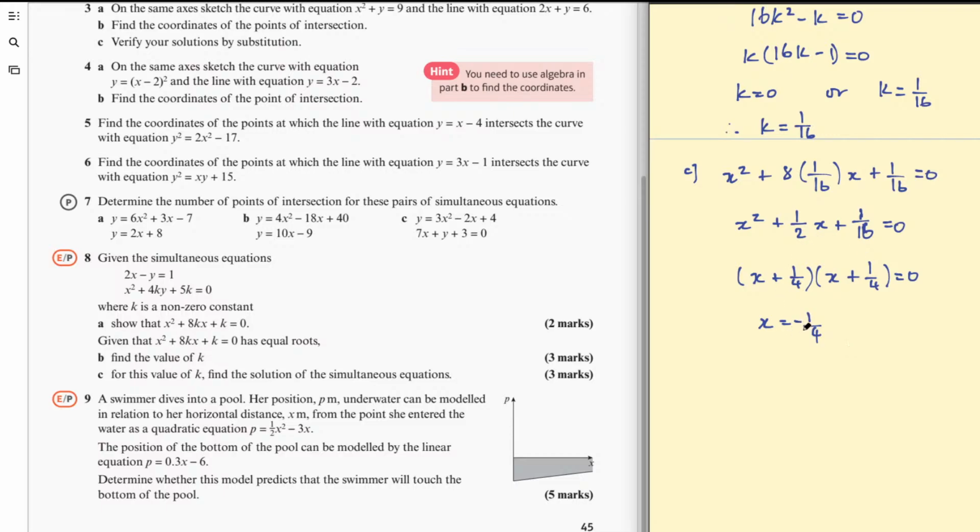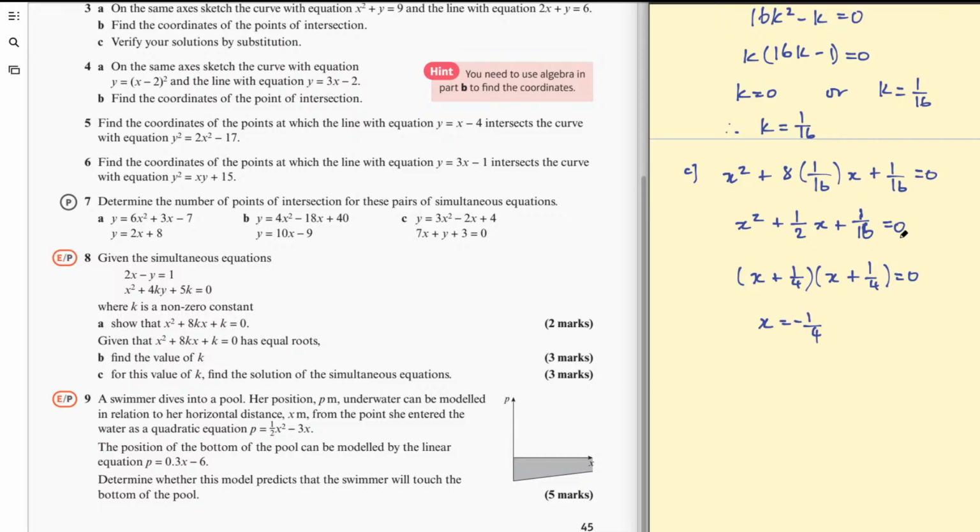So x is equal to negative a quarter. Remember, we're assuming there is equal roots, so we're always going to get one solution here.